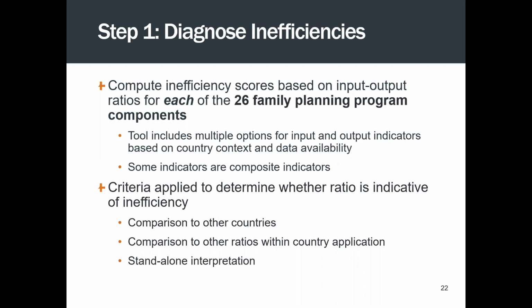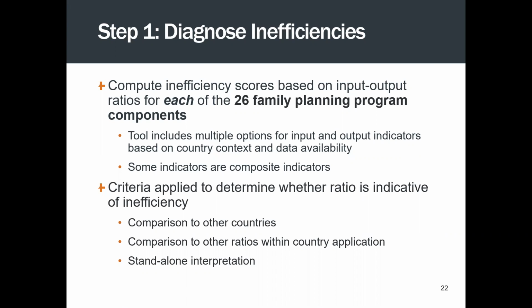And the most straightforward approach would be to compare unit expenditure across program components. The problem with that, though, is that relatively low unit expenditure could be a function of poor quality rather than efficiency, and some program components just require more resources than others, meaning it isn't really possible to lower costs any further, but we don't know that for sure without any other family planning programs to compare it to in our analysis.